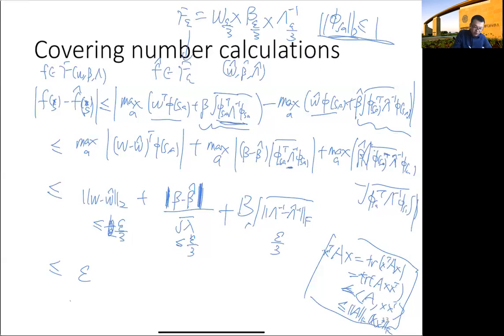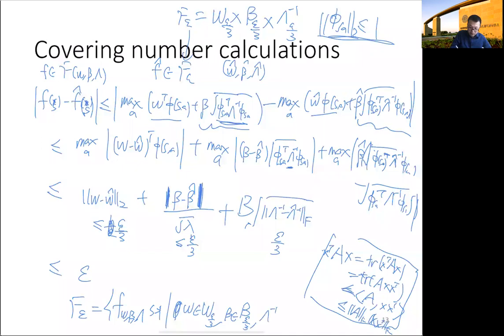So to say it differently, we can construct F epsilon to be the set of functions f W beta lambda such that I can use the product space of W in W epsilon 3, beta in capital beta epsilon 3, and lambda inverse in capital lambda inverse epsilon over 3, right?